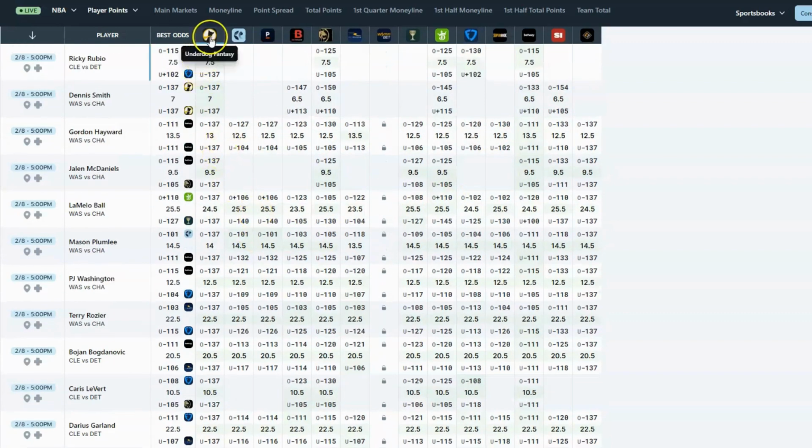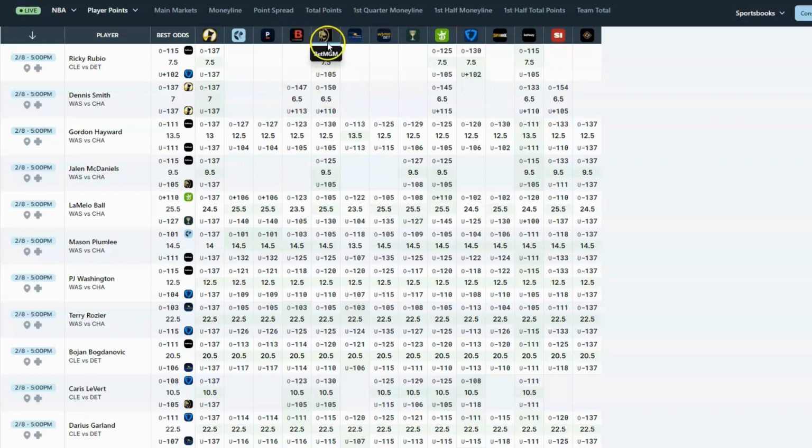And so what we're doing is looking at Underdog here. Underdog Fantasy is going to have a fixed scale, a fixed odds amount, at minus 137. So what we're doing here, kind of a little bit of a cheat code, is to look to your left here where it says best odds. And wherever you see Underdog Fantasy, you pick them up at minus 137, when the other books out there are at minus 147, minus 150, BetOnline, BetMGM.